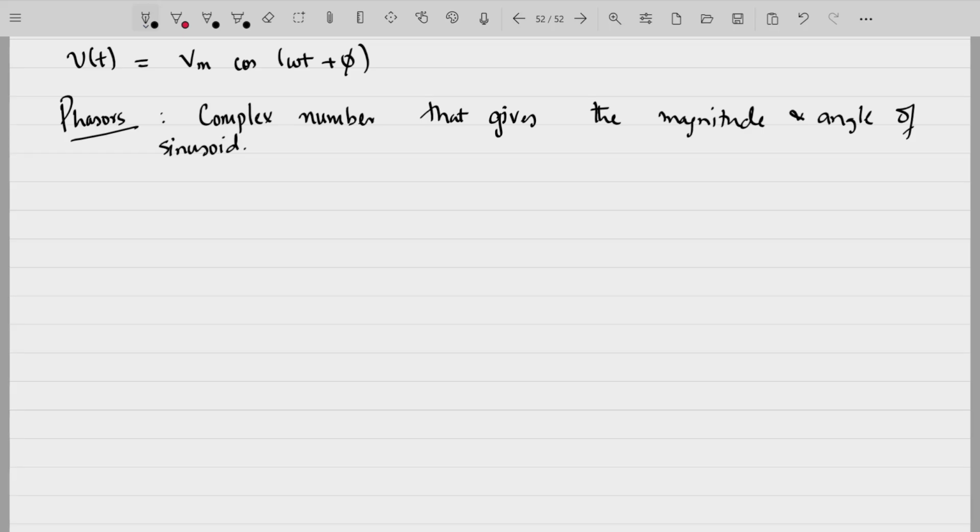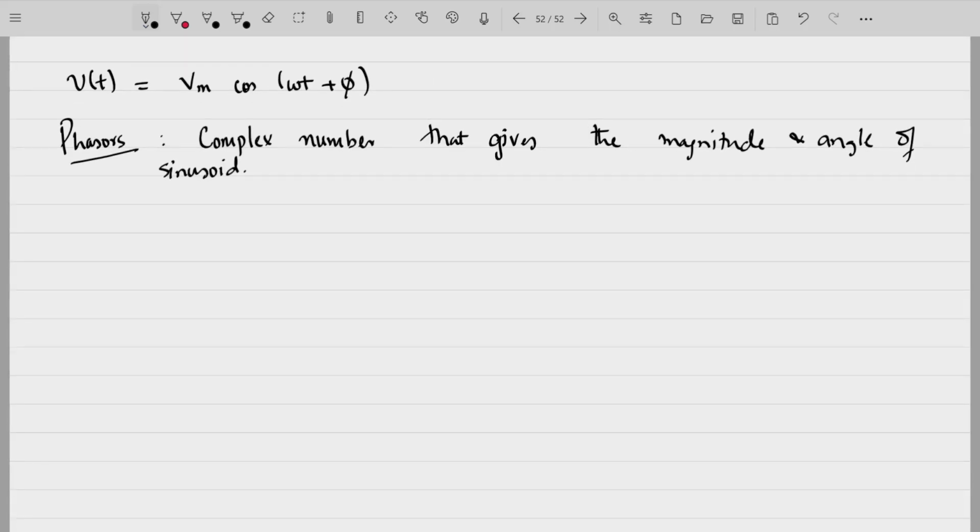We have the sinusoidal waveform. Instead of representing it in terms of a trigonometric sine or a cosine function, we represent it in terms of a complex number. So for that we use phasors. A phasor is simply a complex number representation of the sinusoid through its magnitude and angle.